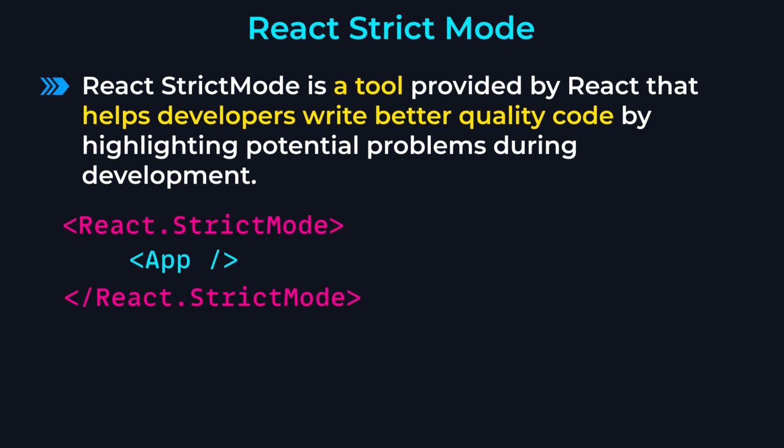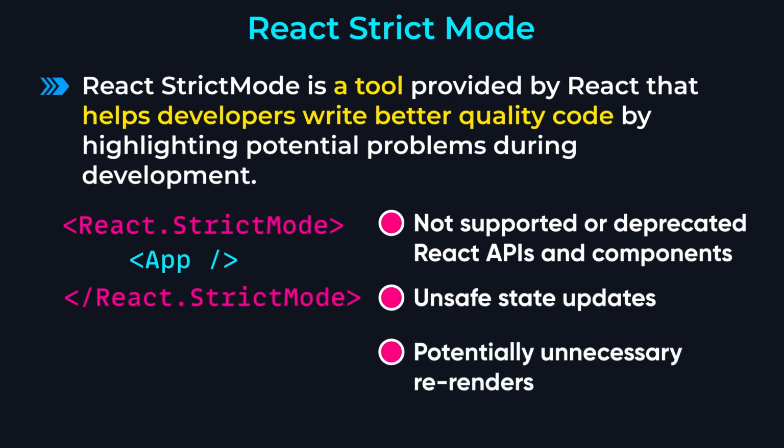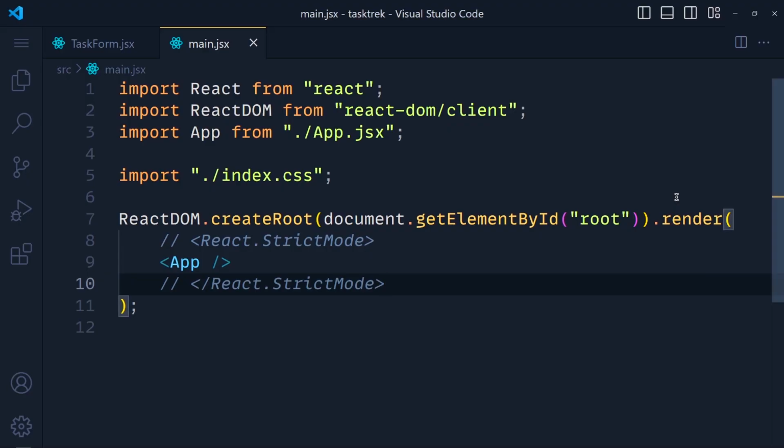For example, it will check for unsupported or deprecated React APIs and components, unsafe state updates, potentially unnecessary re-renders, and that's why it renders our application twice. So it's better to enable strict mode for our application.